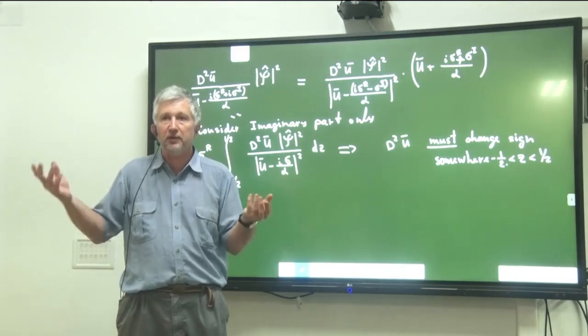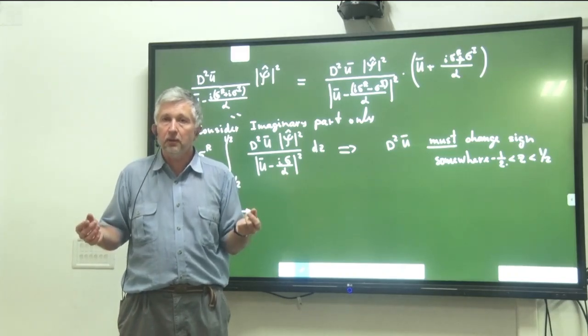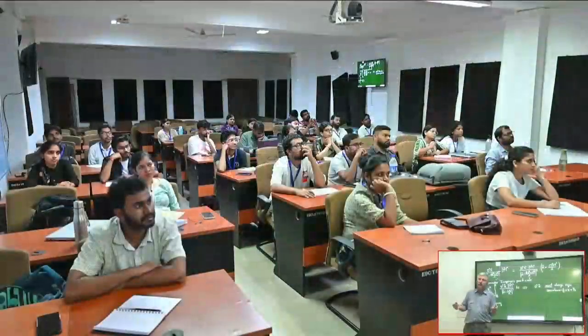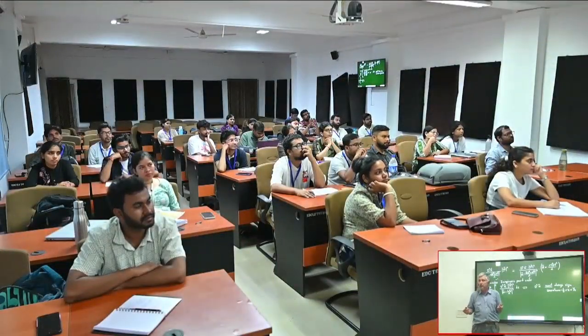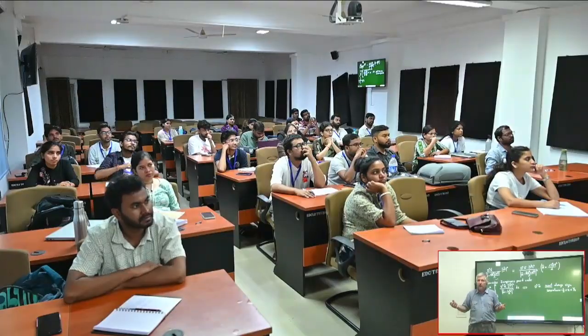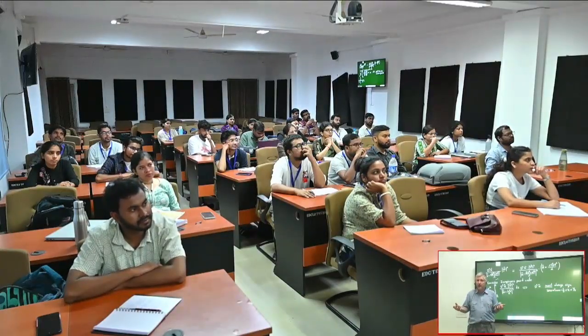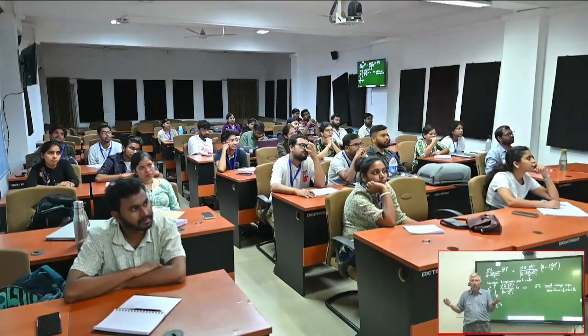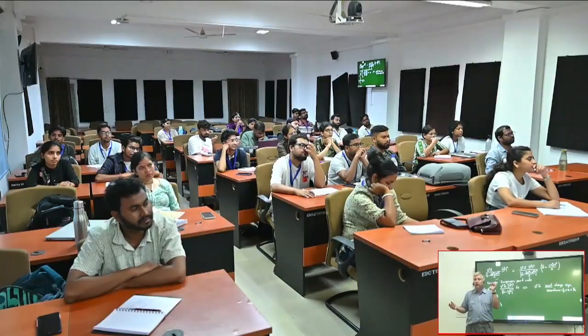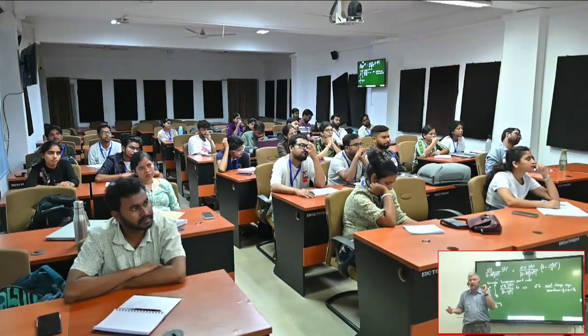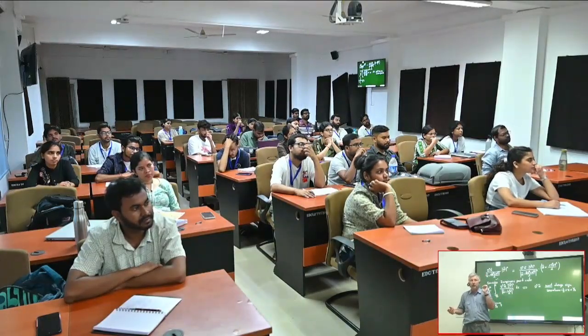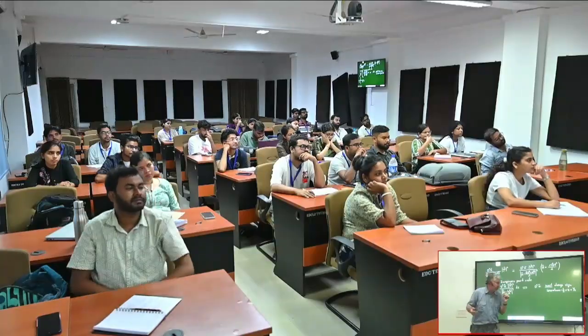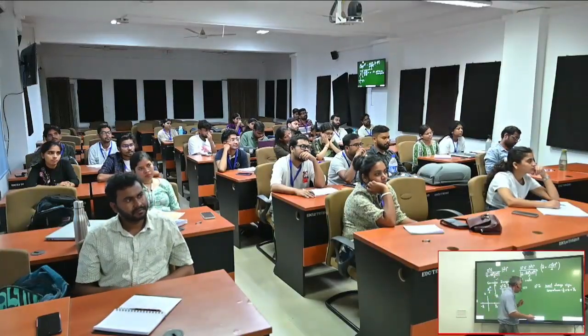So one is 2, one is -2, yeah. But what if one is 2 and the other one is -1? In that case, there is no balance, right? So therefore, we have to examine what happens with the real part more closely. And that's what he has done. So I will go to the next topic, which leads us to Fjortoft's theorem.